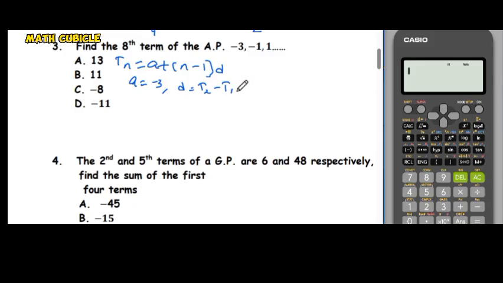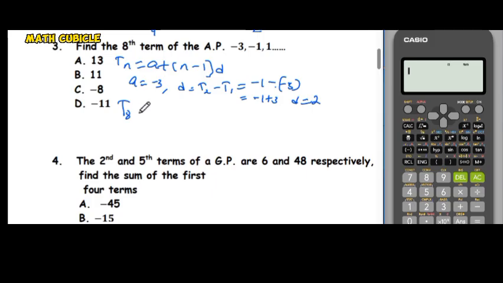Our second term here is minus 1, minus the first term, minus 3. So that's minus 1, minus times minus is plus 3. Hence our common difference is minus 1 plus 3, which is 2.